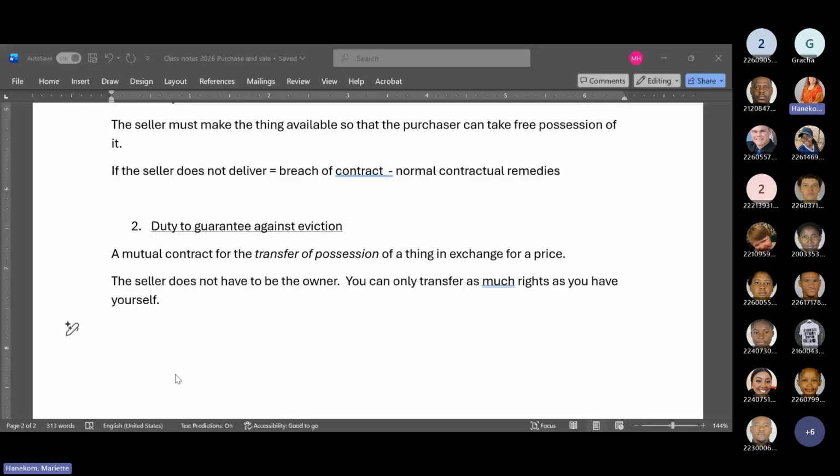If Stacey is lending me her cell phone, I have possession, but I do not have the right of ownership. And because I do not have the right of ownership, I cannot transfer ownership to anybody else. So you can only transfer as many rights as you have yourself.